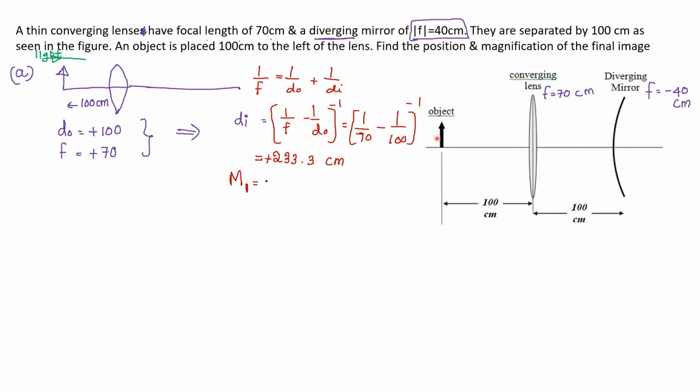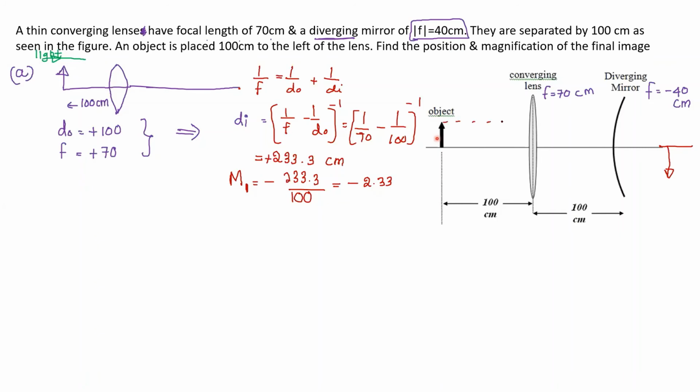M1 is given by minus DI, 233.3, divided by D naught. So you get an inverted image here, right?